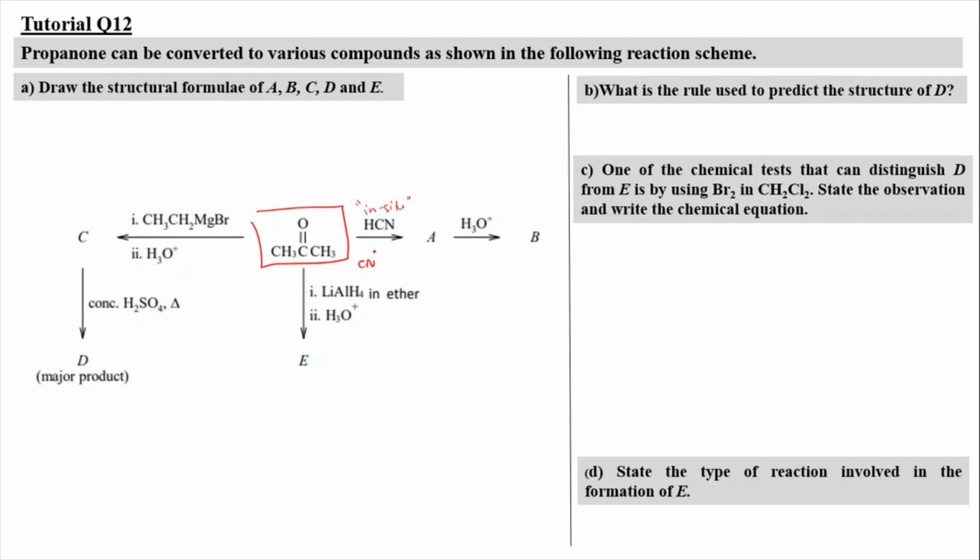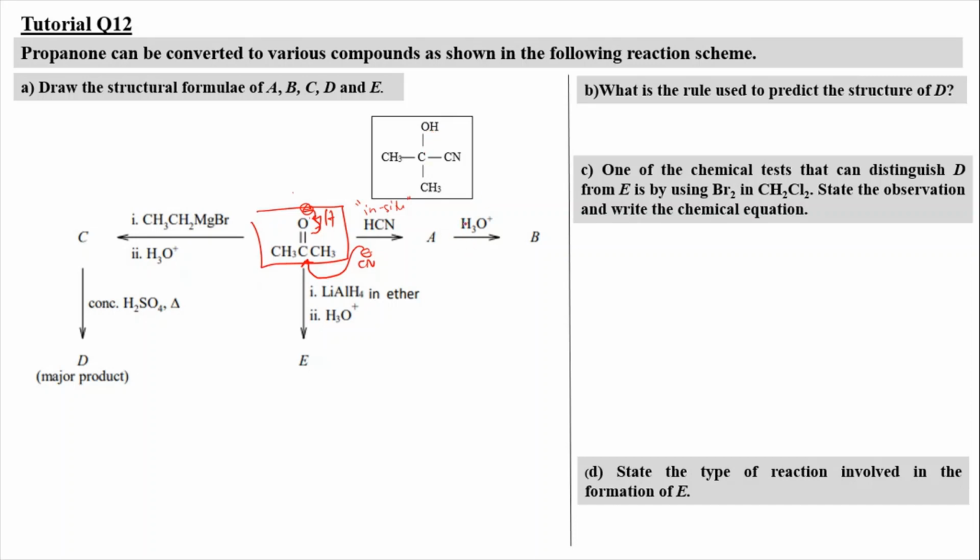So CN gonna attack here, and this gonna push the double bond to carry a negative charge. So the negative charge is going to be attached with hydrogen, and hence the CN is going to be attached, and this is going to produce a hydroxyl OH group here. Okay, so what we're going to draw is something like this. So CN making a bond, and the double bond O becomes OH here.